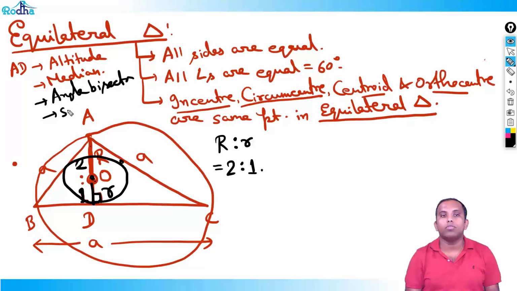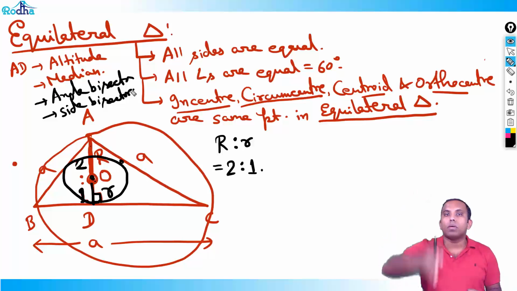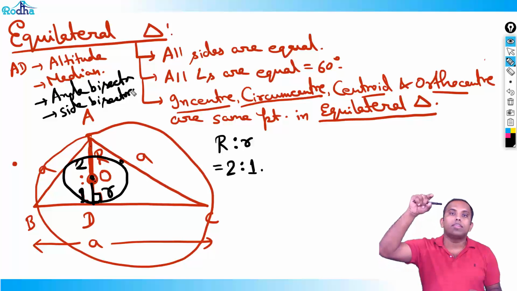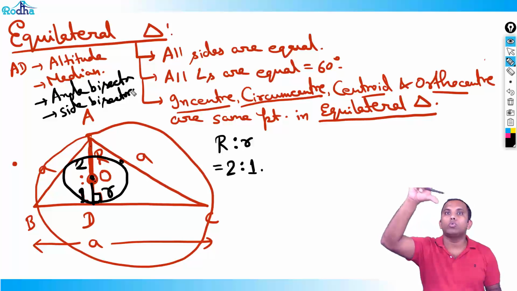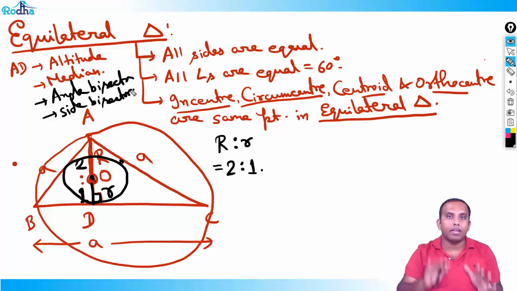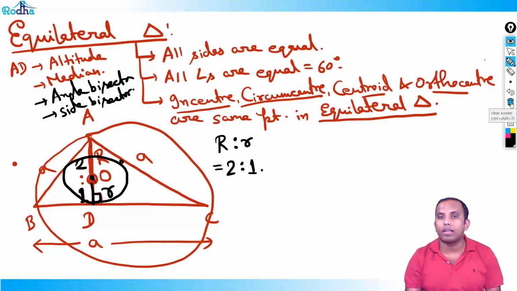All are the same in case of an equilateral triangle. So if you draw that perpendicular, all points are concurrent. That means one will be inside circle, one will be outside circle. Since it is the centroid, what is the ratio? 2:1. So circumradius and inradius, what is the ratio? 2:1 in case of an equilateral triangle. Okay.